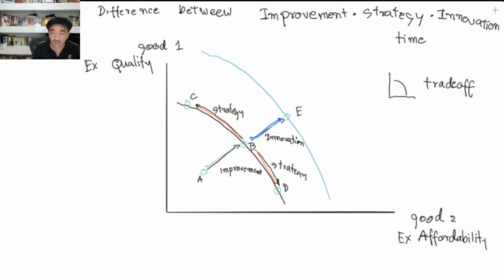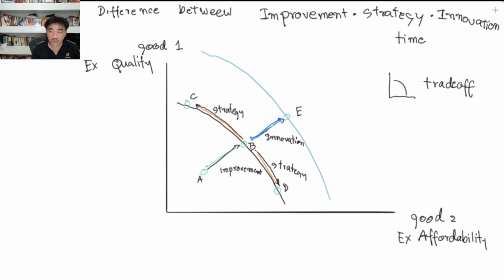The trade-off is between quality and affordability. So at this point, you need to choose and design whether you're going to go for C or go for D. This is a true strategy, because when you have a strategy, you are in a position on top of the trade-off line, where you need to choose one and you will lose something of the other.